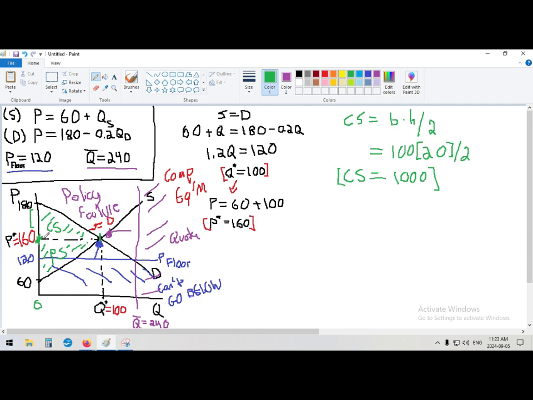And then for producer surplus down here, we just do the same thing. It's very similar. For producer surplus, the base is the same, which is 100. And for the height of the triangle, we go from 160 to 60, so it'll be 100.